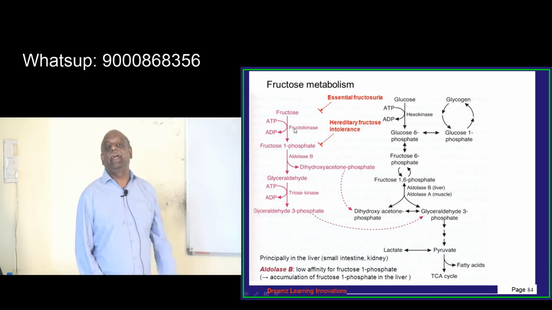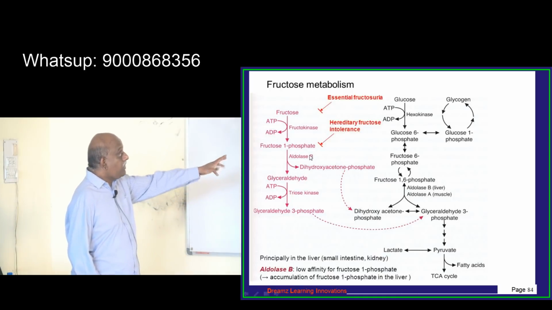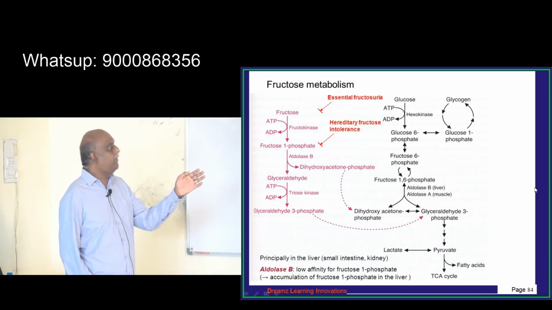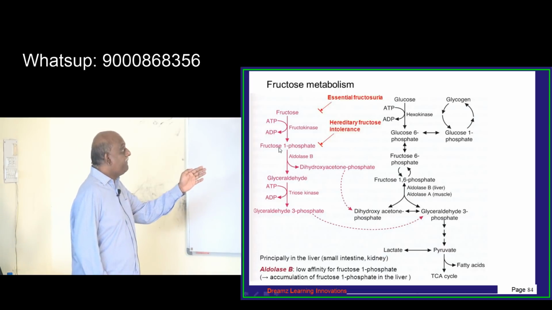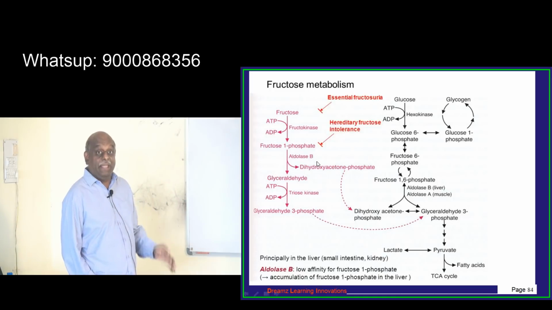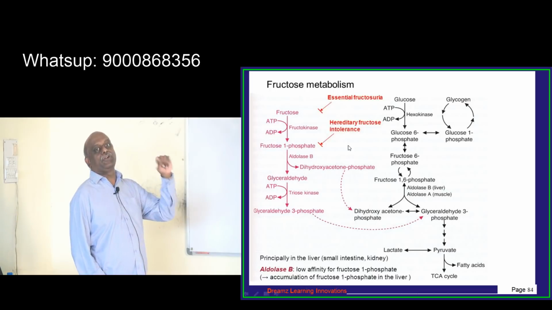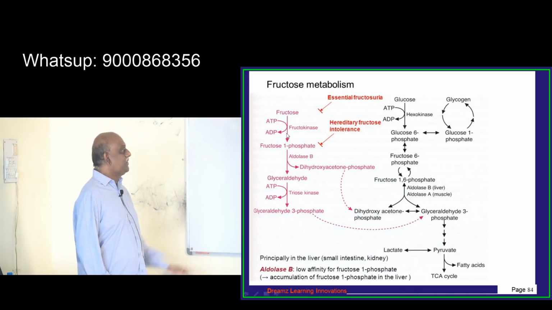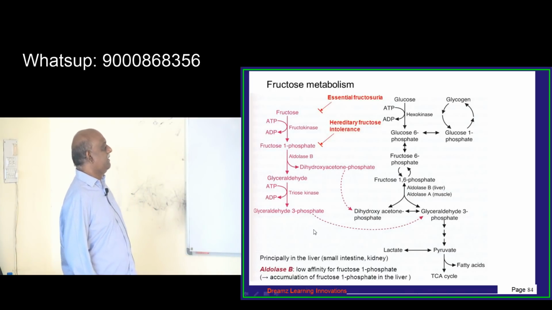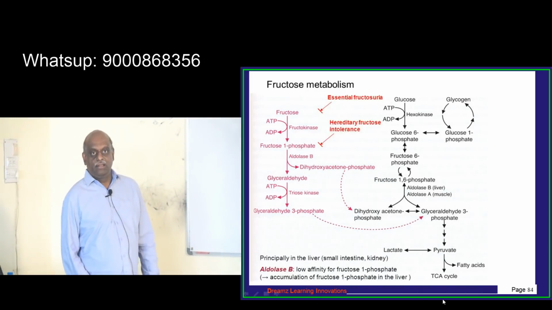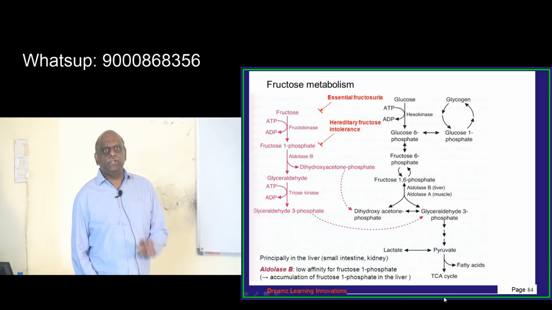Please don't forget, fructose 1-phosphate becomes glyceraldehyde, and it will shed out the dihydroxyacetone phosphate. And for that you require aldolase B, and the deficiency of that is called hereditary fructose intolerance. So this is the main difference which you have to remember.